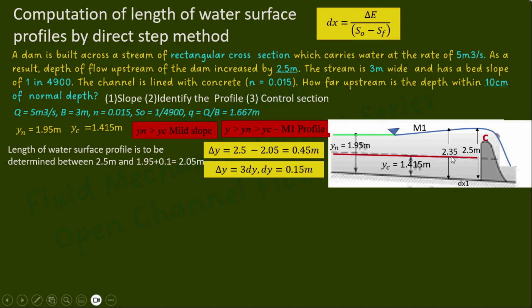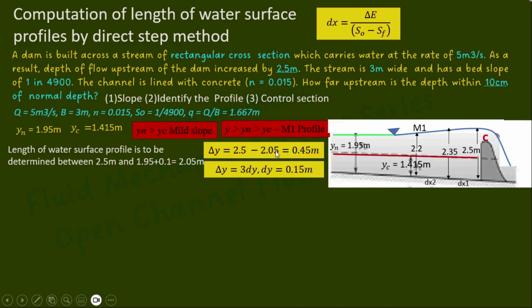Again, we take another section with a water level difference of 0.15 meter from this section, with a flow depth of 2.2 meter at a distance of dx2 from the previous section. Again we calculate the specific energy and Sf at this section and apply in this equation, then we can calculate dx2.